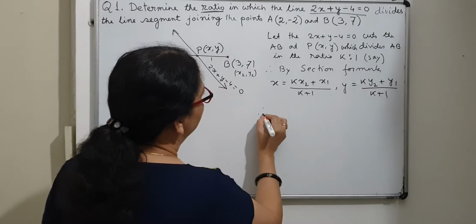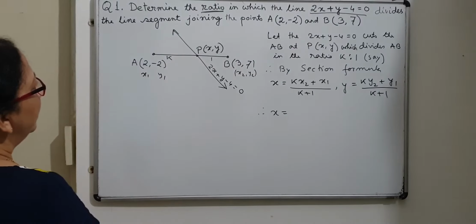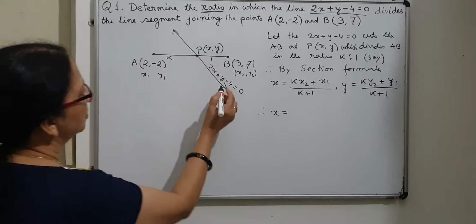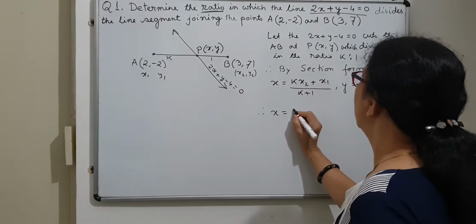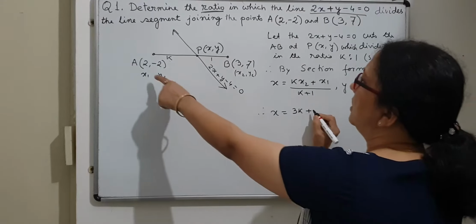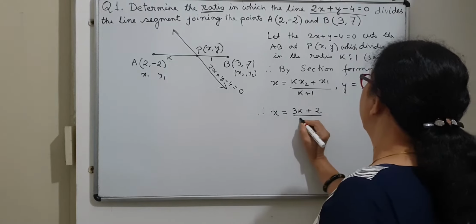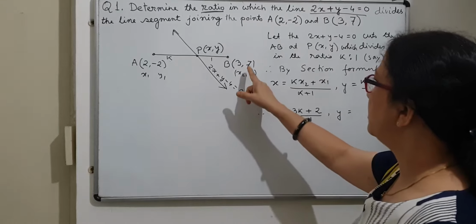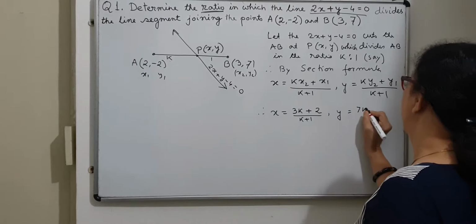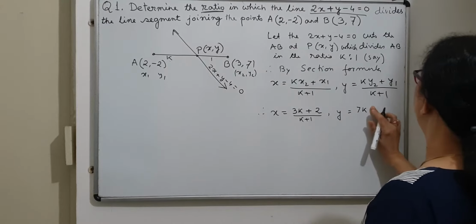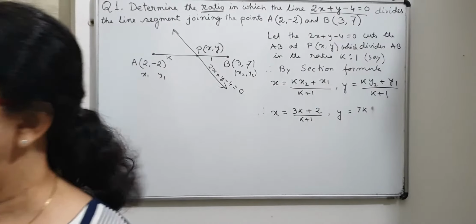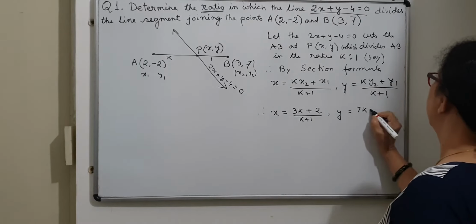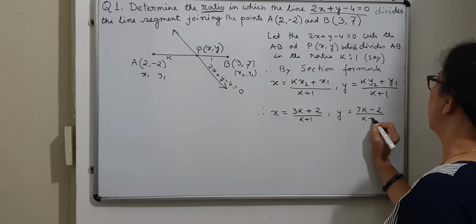So therefore what will be x? x will be kx2, so k into x2, which is 3, so 3k plus x1, which is 2, divided by k + 1. And what will be y? y will be ky2, y2 is 7, so it is 7k plus y1, which is -2, so I am writing directly minus 2, upon k + 1.